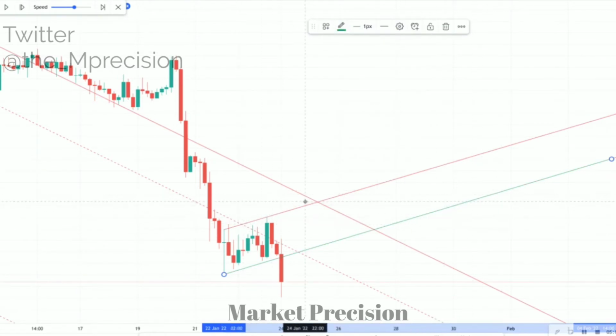This was your main resistance. Now let's go back and check where did the move actually start. The move started somewhere around this green candle, and the move ended here. Then the subsequent move started here, and it ended here, right? This green to this green. So if I have to draw the entire breadth of the move, I'm going to use this candle.